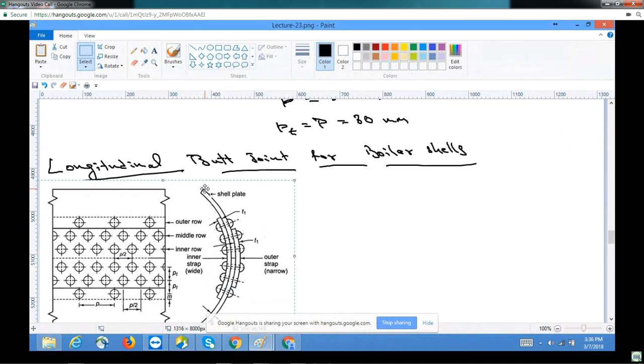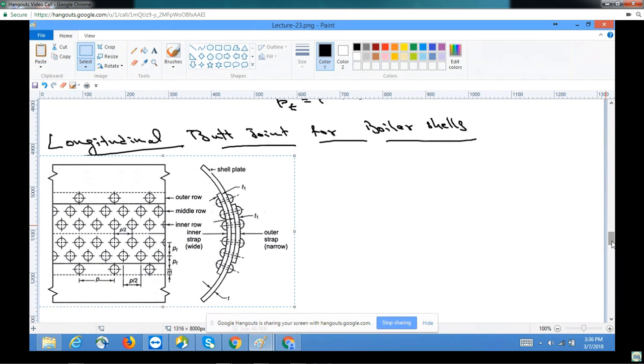That means you can see this is one plate and this is another plate. They are ending at this point, and you are putting a strap inside. This is the inside strap, and there is an outside strap, that is this. So after having the inside and outer straps, you will get such a longitudinal butt joint. These are generally used for designing boilers. So we need to understand a few important things for designing these.